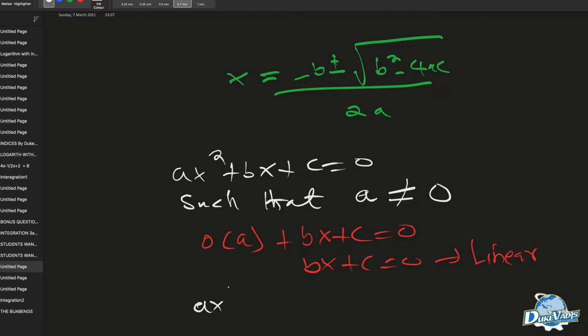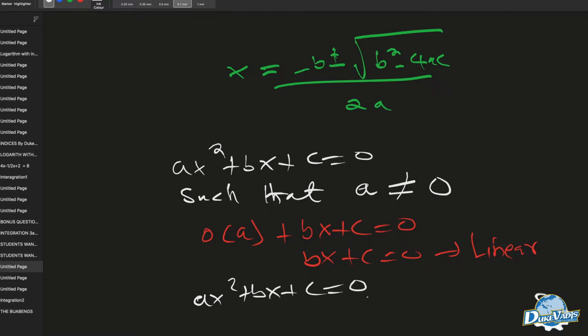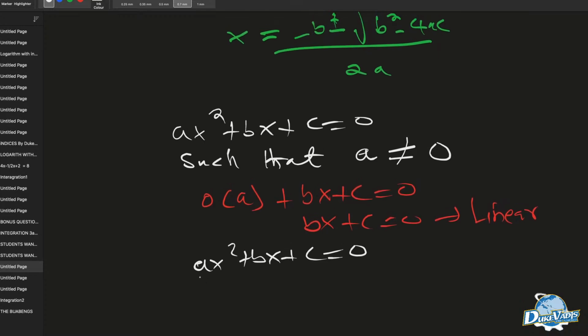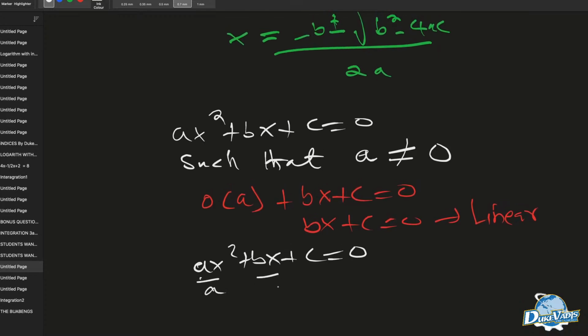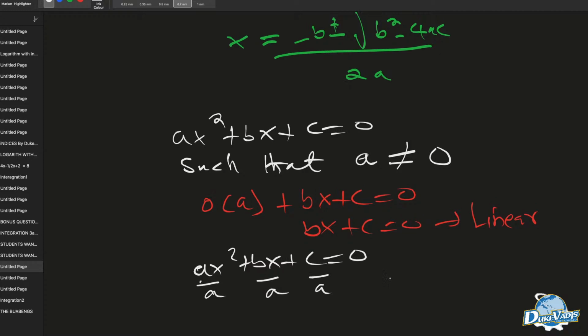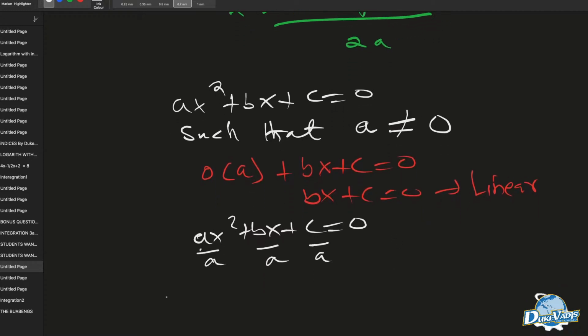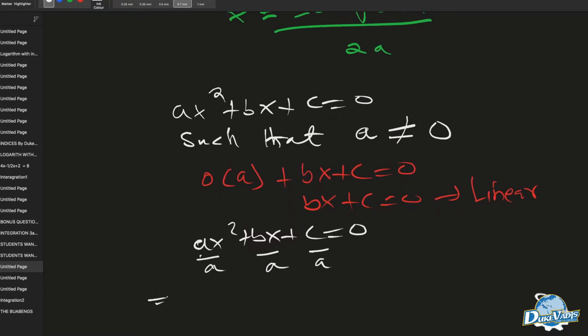So if ax squared plus bx plus c is equal to 0, we divide through by a, so that we can write this equation as x squared plus bx over a plus c over a is equal to 0.